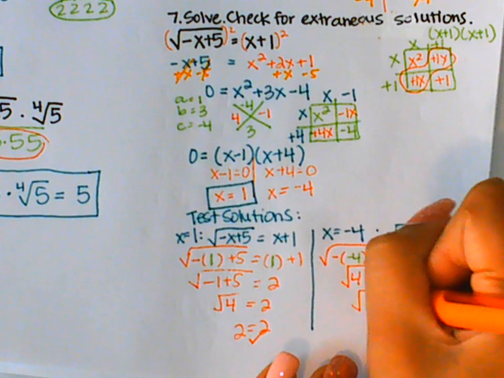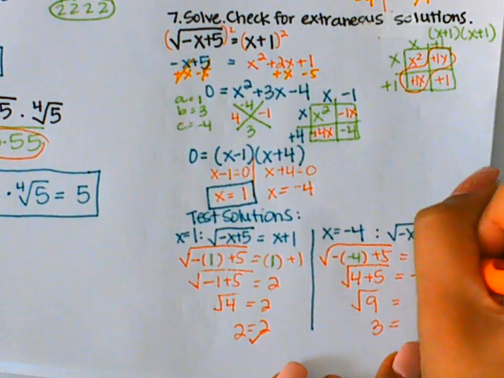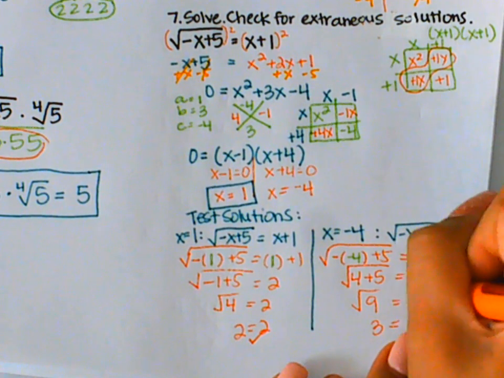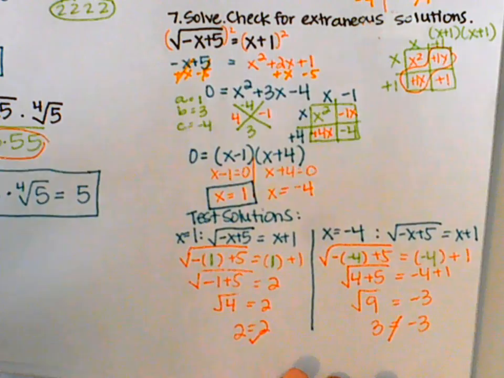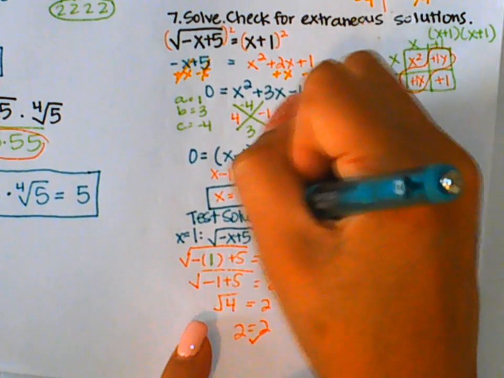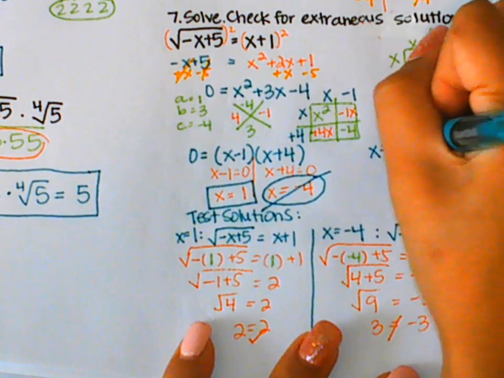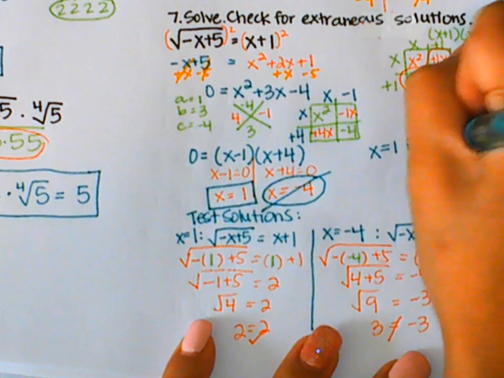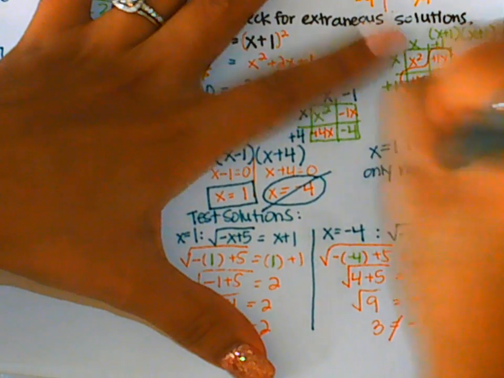So the square root of 9 is 3. Negative 4 plus 1 gives me negative 3, which negative 3 does not equal negative 3. Therefore, this is not a solution because it's extraneous. X is equal to 1 is our only real solution.